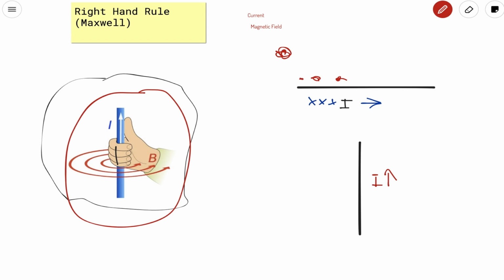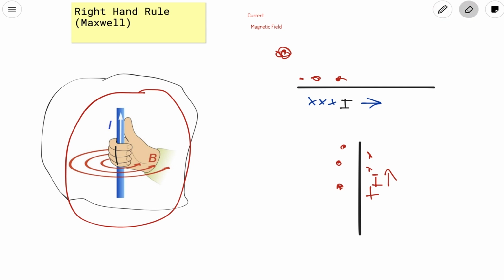Your palm's kind of perpendicular to the conductor or the line, and then you wrap around it. So you discover that it goes into the page first, and then it goes out of the page. So it's gonna be into the page over here, and out of the page over here.